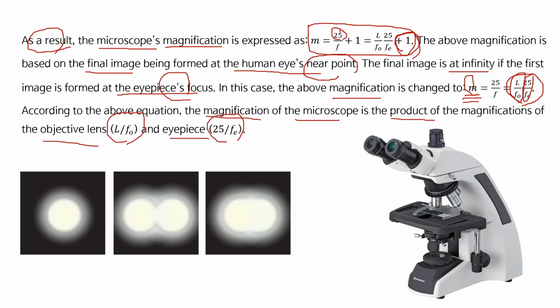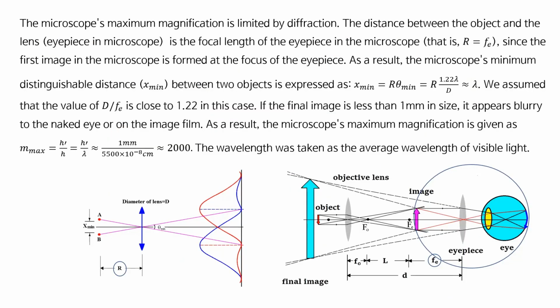This shows the Rayleigh criteria. If two objects are close, then with this Rayleigh criteria, we cannot distinguish the two objects. How do we distinguish the two objects? The microscope's maximum magnification is limited by diffraction.